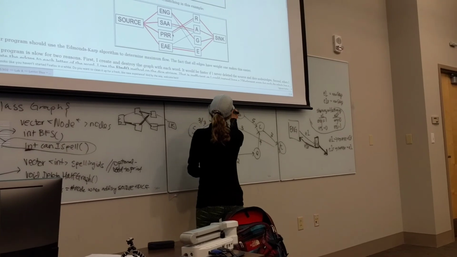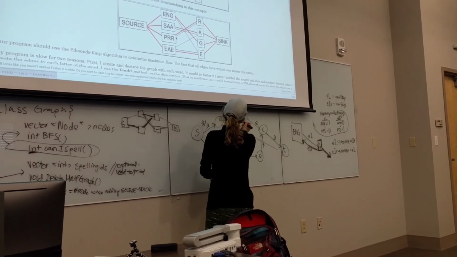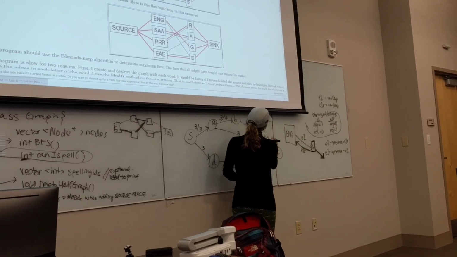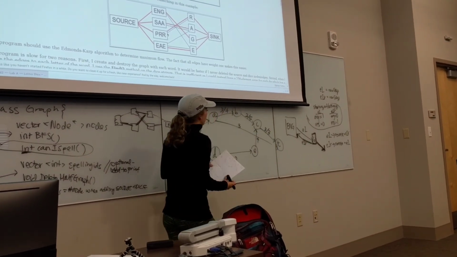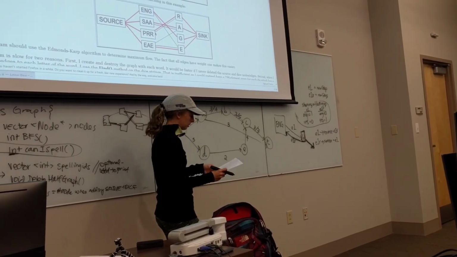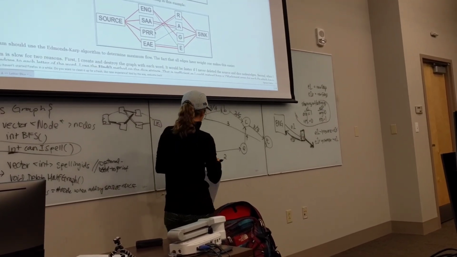I'm going to have a flow of 3, mainly because C to T is like a bottleneck, right? So let's draw the residual graph for this.